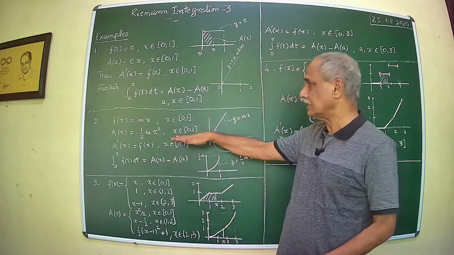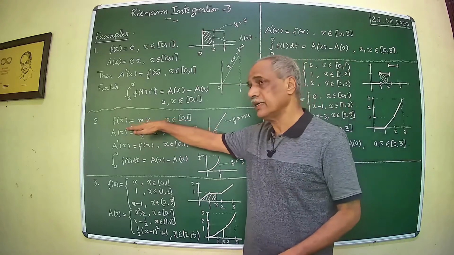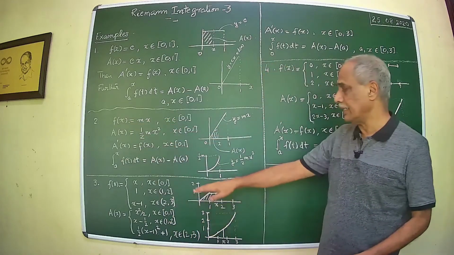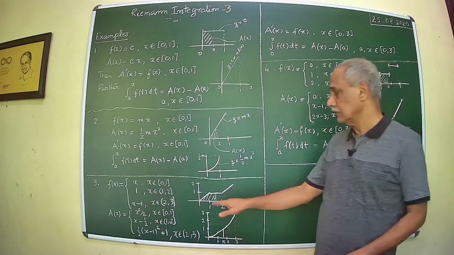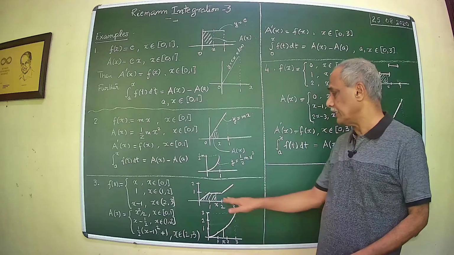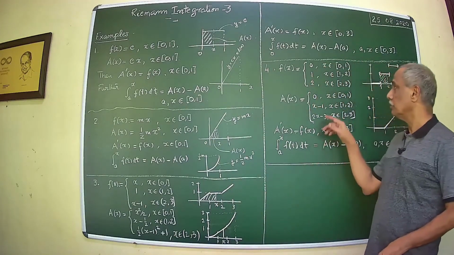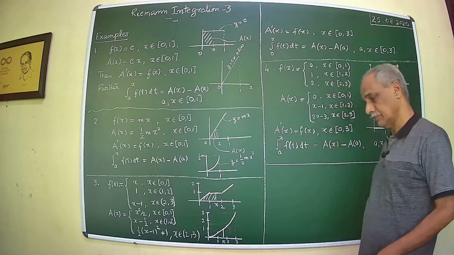The same exercise we did for a more sophisticated function like f(x) equal to mx, and then later for a function which is defined on 3 different intervals in three ways, and so also finally something discontinuous or a step function.